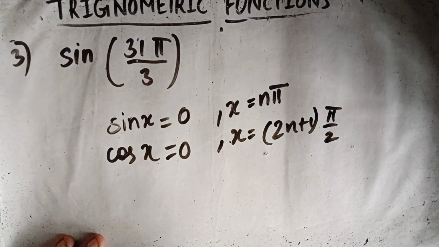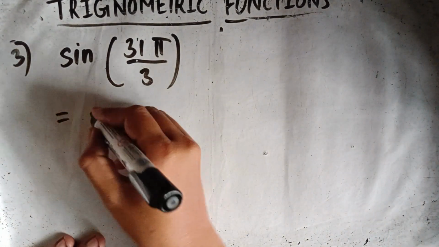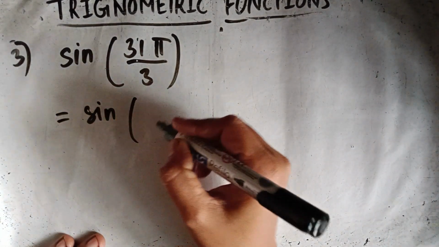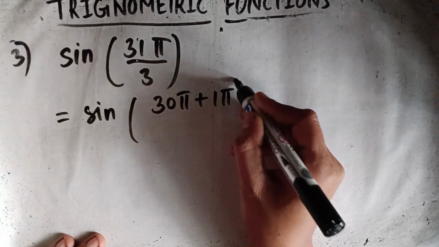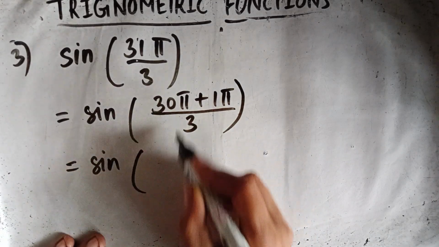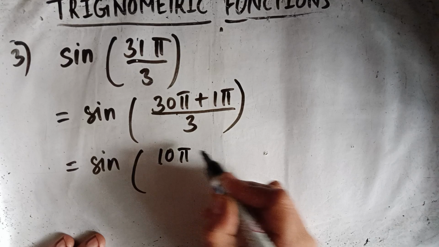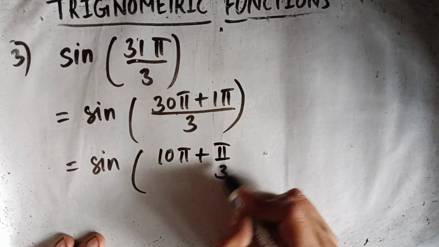So we have to convert this 31 pi. 31 pi, we can write it as 30 pi plus pi, right? So if you divide by 3, you will get here 10 pi plus pi by 3.